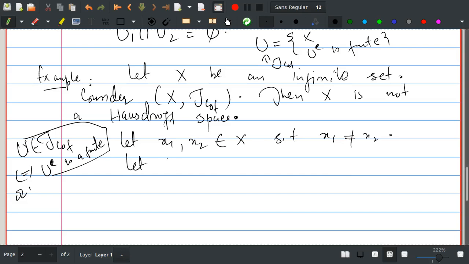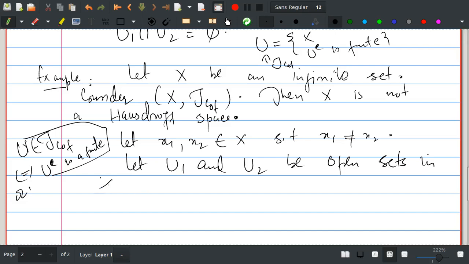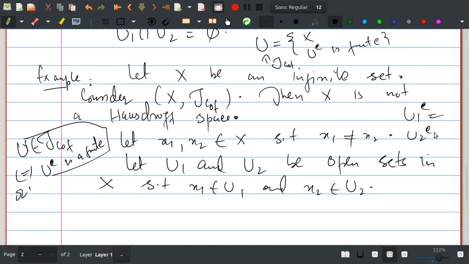So let U1 and U2 be open sets in X such that x1 is in U1 and x2 is in U2. So that means U1 and U2 being open sets, U1 complement is finite and U2 complement is finite. So they are both finite sets.